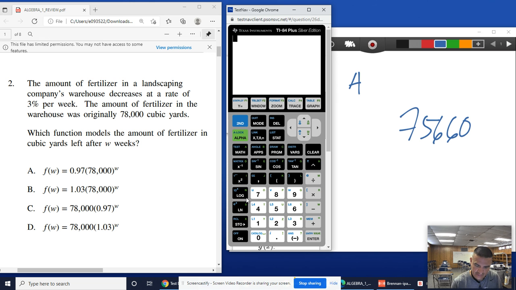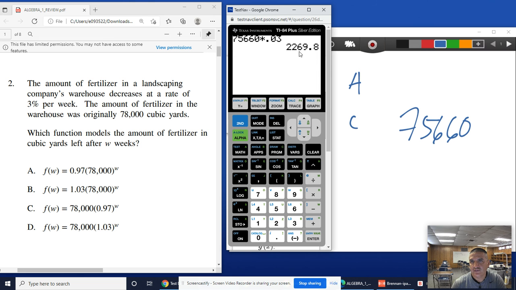Now what I need to do, that's A and C, and it decreases that much per week. So now what is 3% of 75,660? Hopefully this is faster for you.